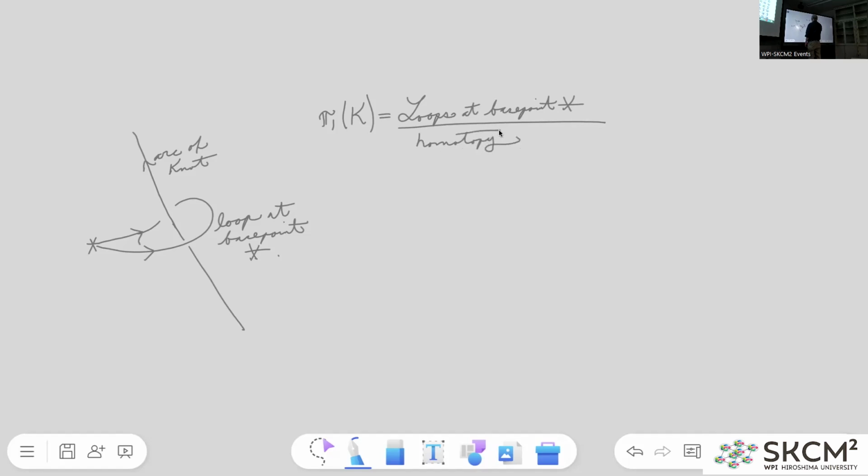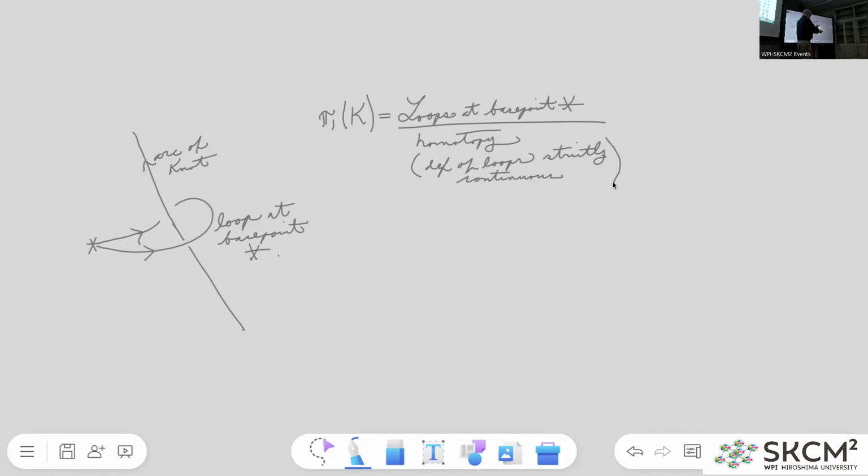Homotopy means deformation of loops. We'll say this more carefully, definitely, when we have more time. Deformation of loops, strictly continuous. Right? Just continuous deformations of loops.